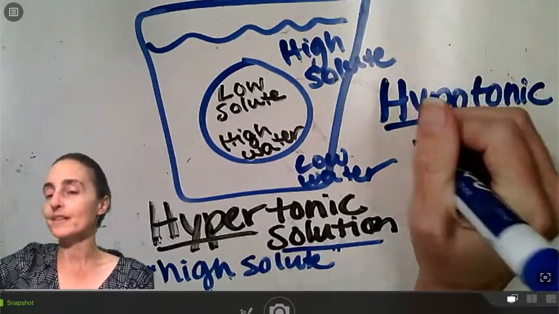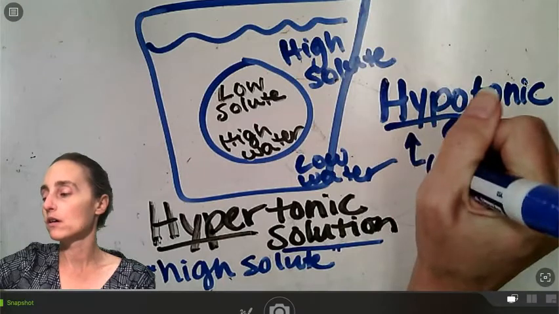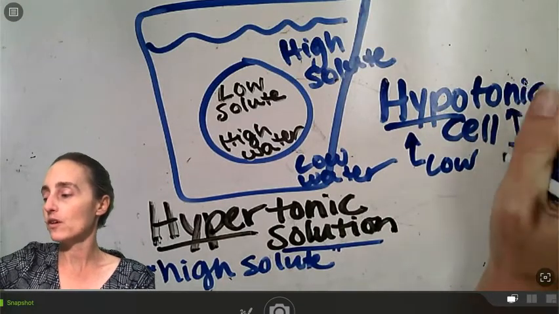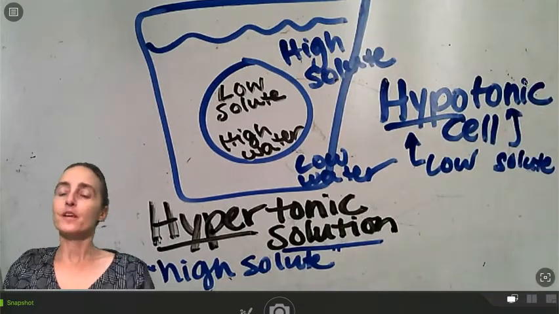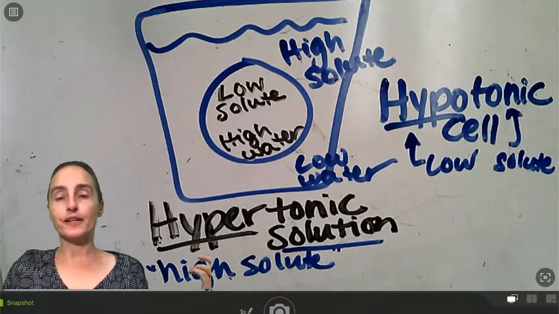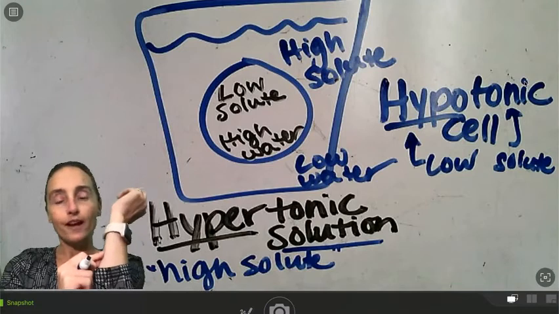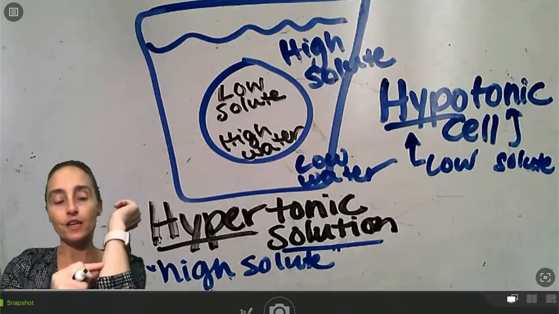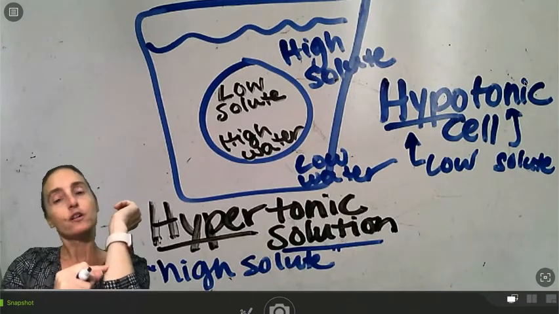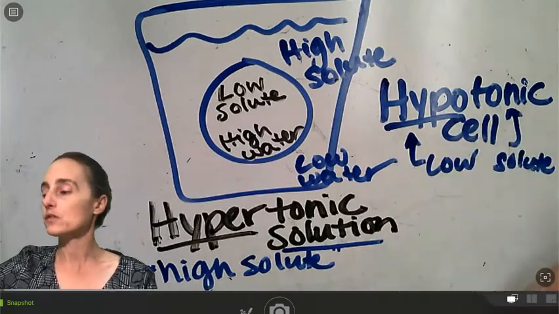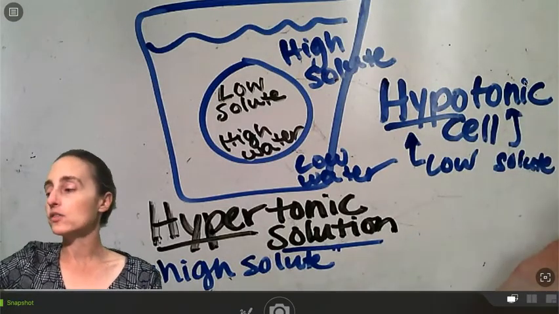Hypo means under or low. And tonic, of course, means solute. Okay, so maybe you've heard of a hypodermic needle, kind of a gross little thing, but a hypodermic needle would just go right under your skin, dermis being your skin. So hypo would be under the dermis. So hypo means under or low, and tonic is the solute.